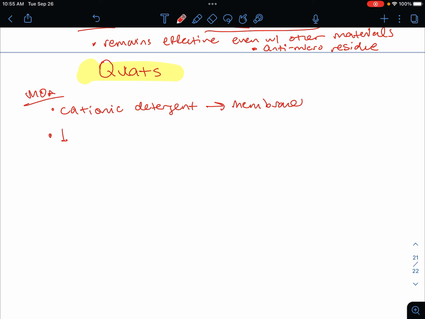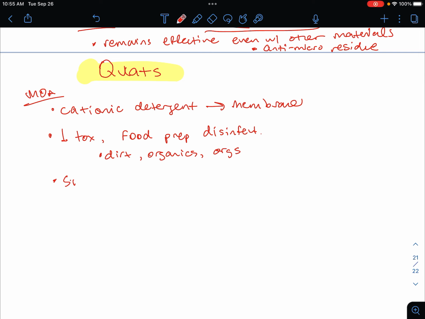Low toxicity, and it's used in food prep, specifically disinfection. Removes dirt, organic material, as well as organisms.